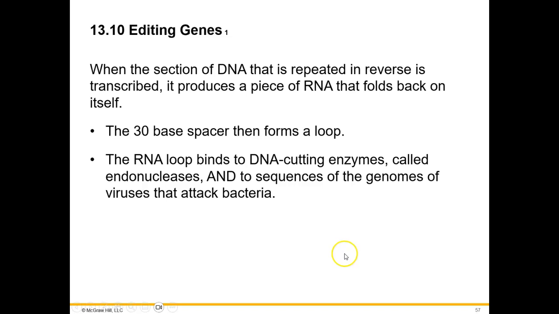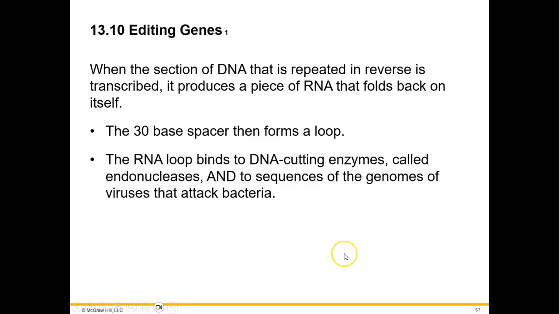It turns out when that section of DNA that is repeated in reverse is transcribed, it's going to produce a piece of RNA that's going to fold back on itself because of the affinity between those nucleotides. And then that 30 base spacer will end up forming a loop.